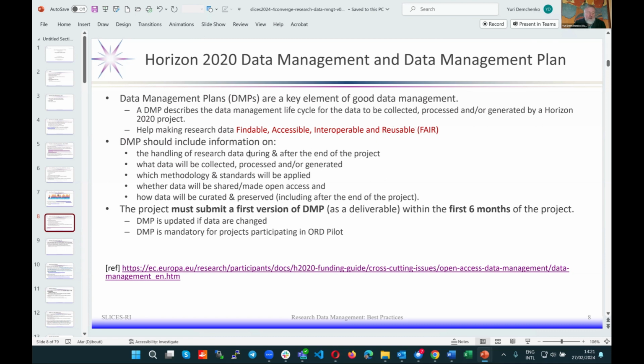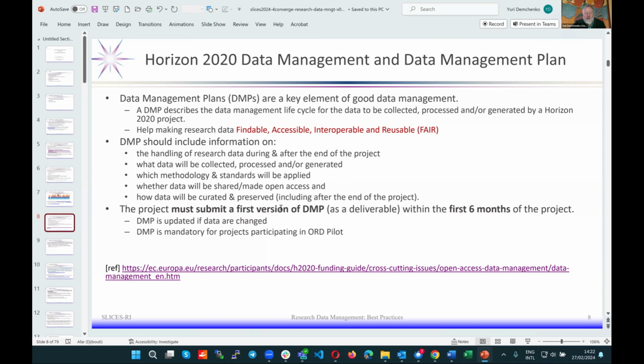So if somebody of you already has experience of writing or including a data management plan in the proposal or in the project, you should remember that a data management plan contains sections on how to make data findable, how to make it accessible, interoperable, and reusable.